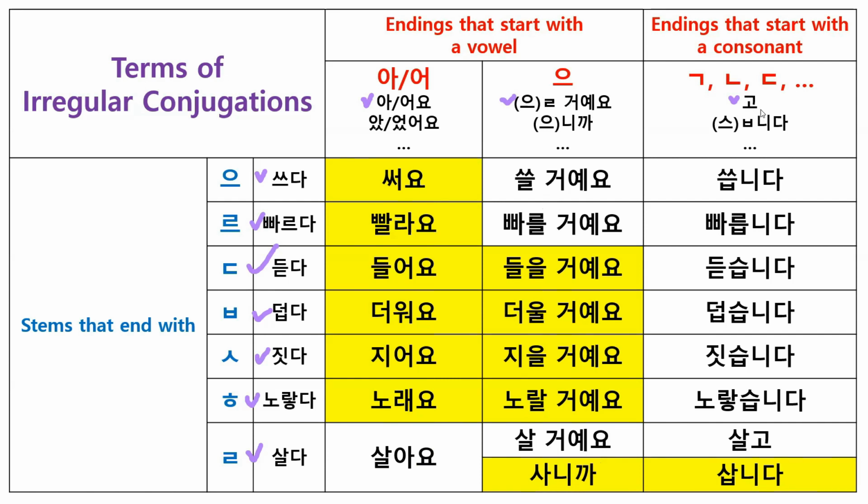And with the ending 고 was regular conjugation. With the ending ㅂ니다, it was irregular conjugation. So stems that end with 리을 is very special. I will cover this kind of verbs or adjectives in the future videos.